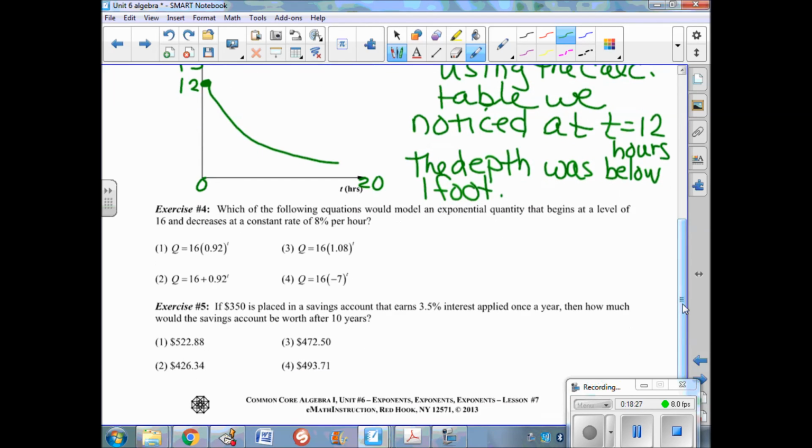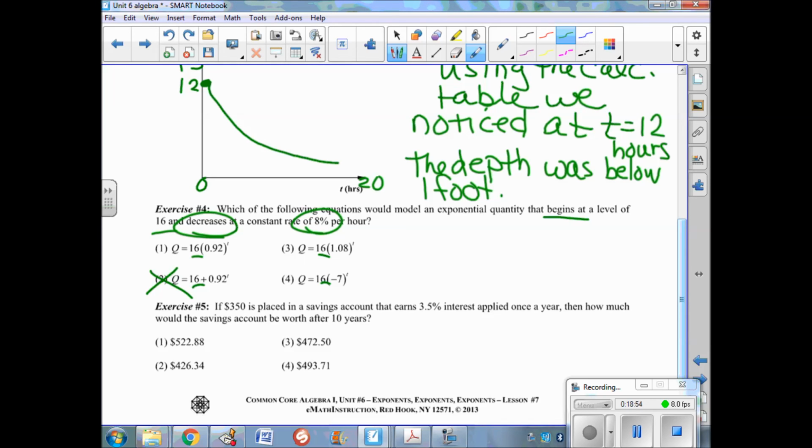It says, which of the following equations would model an exponential quantity that begins at a level of 16 and decreases at a constant rate of that. So begins at 16. Ooh, what do we got going on here? In number 2, we got a crazy plus sign in there. Immediately get that one out of there.